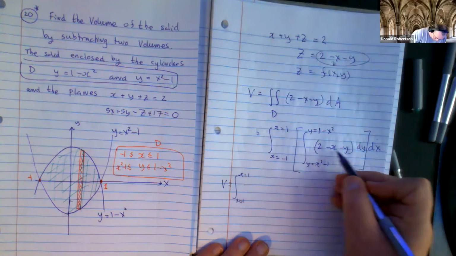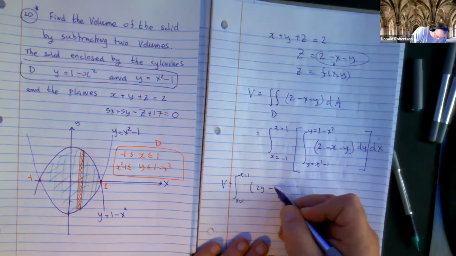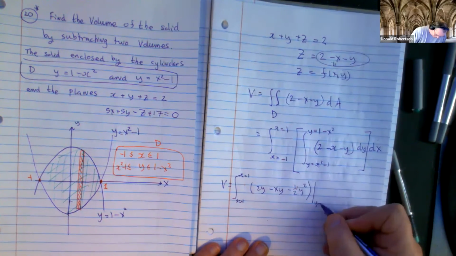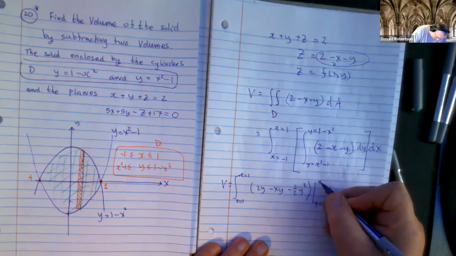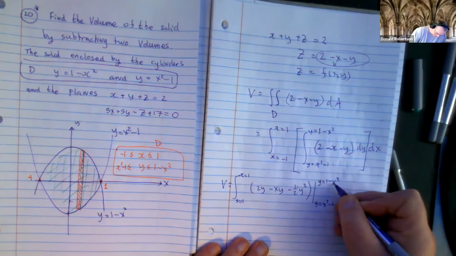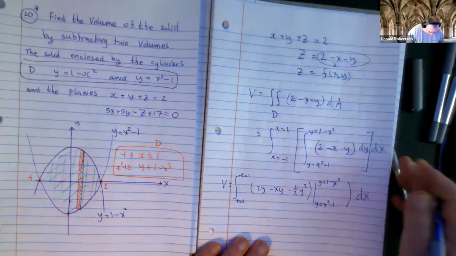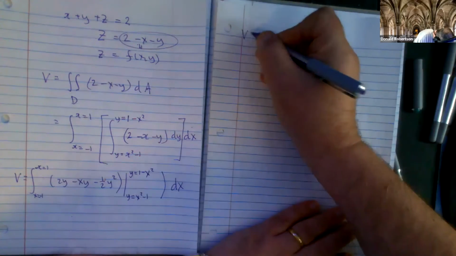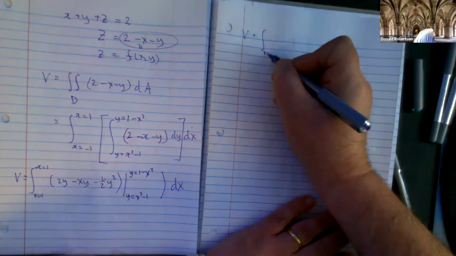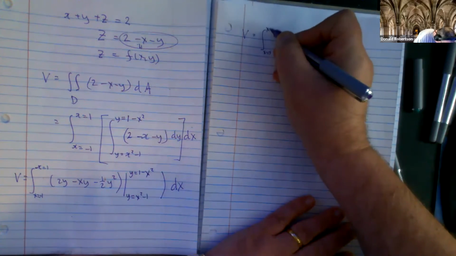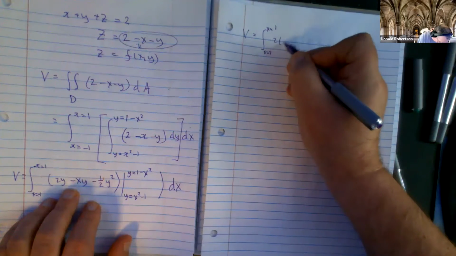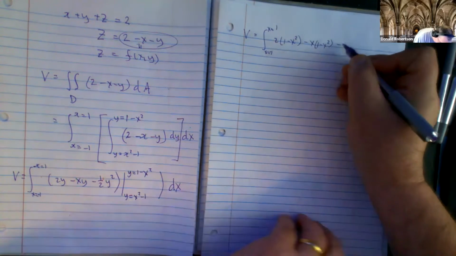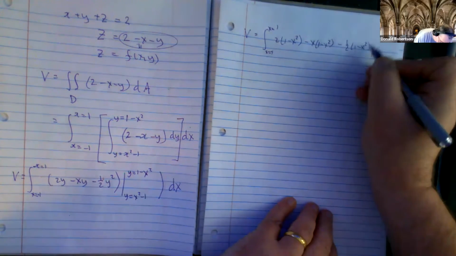If you integrate this with respect to y, you get 2y minus xy minus 1/2 y squared, evaluated at that guy to that guy, dx. So we're going to get a volume from x equals -1 to x equals 1, of 2 lots of 1 minus x squared, minus x times 1 minus x squared, minus 1/2 (1 minus x squared) squared.